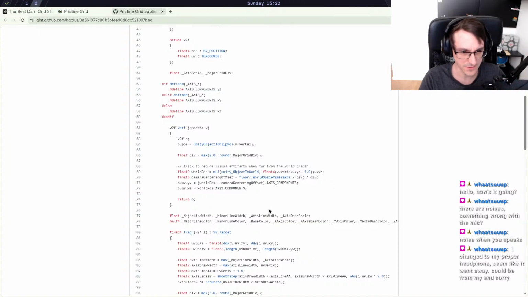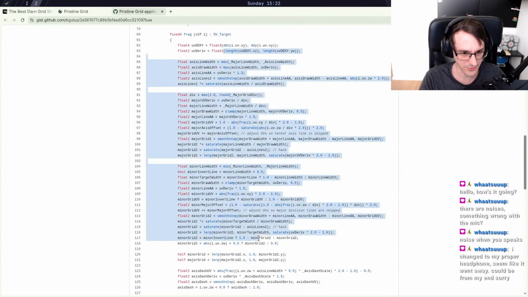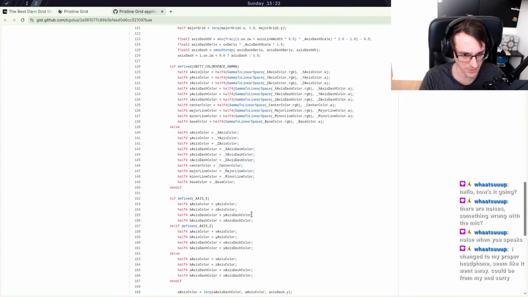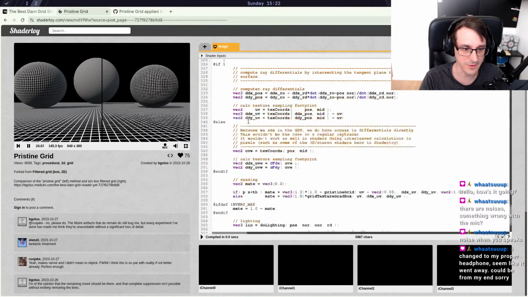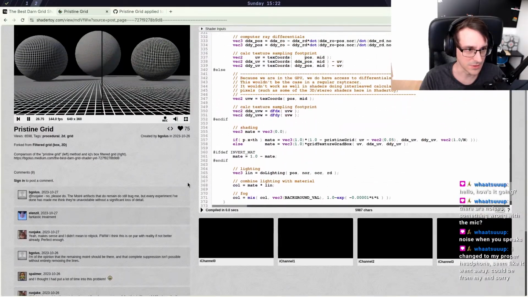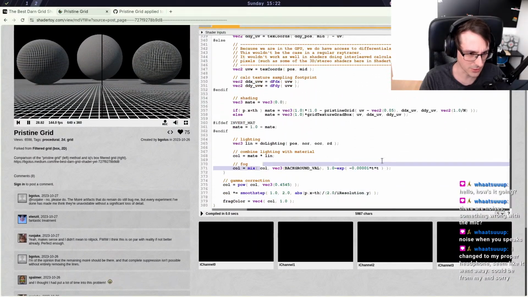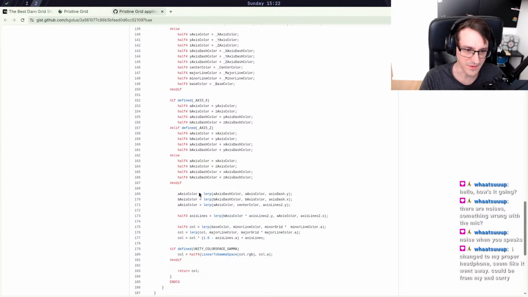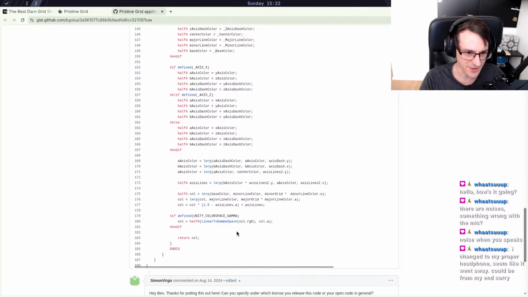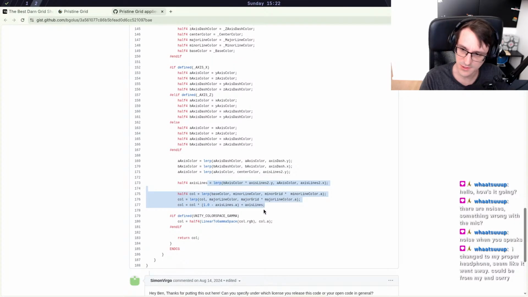Let's see. Yeah, so he does a little bit of stuff differently in this Unity shader. Not a lot, but the fog thing and stuff like that is definitely different than what he does here. Here he does some exponential fade-off of the grid, whereas here it's just a blur of the colors.